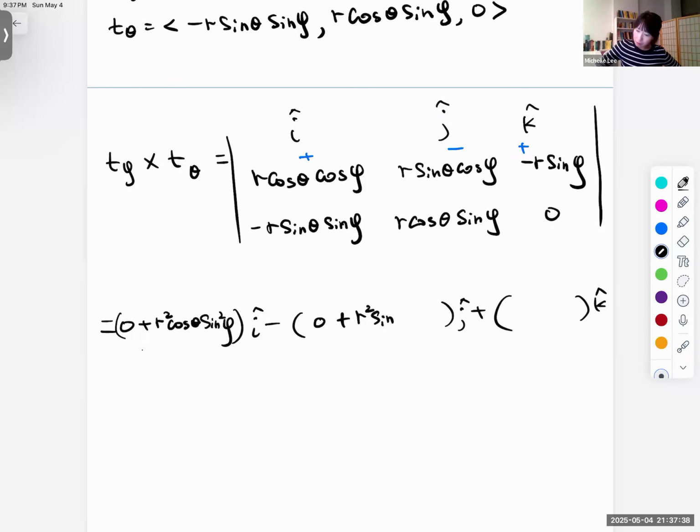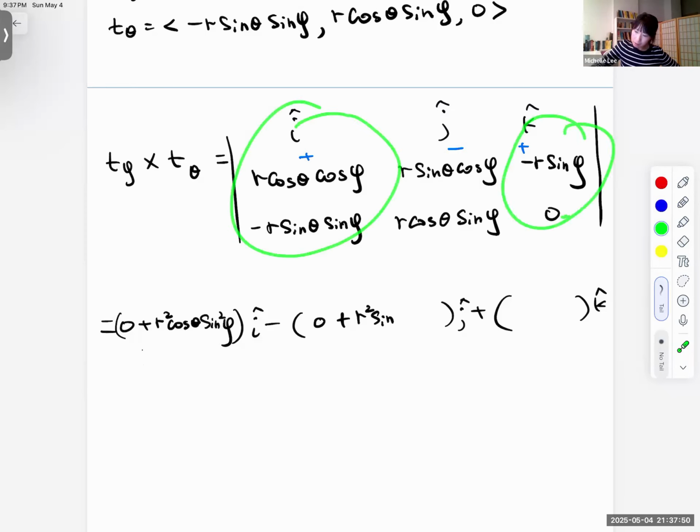So r squared sine theta sine squared phi.